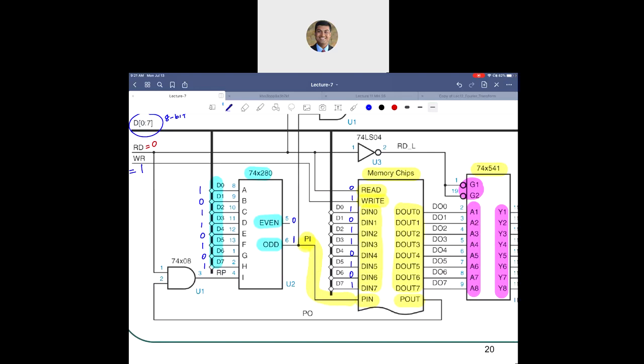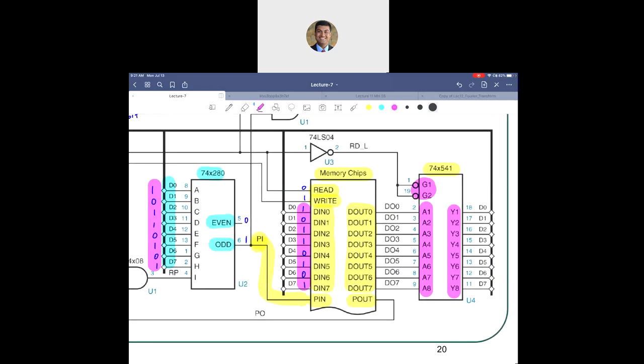That's what I chose, so this maps to this. Next, I am also storing parity, which means I have a 1 there. P in is 1.